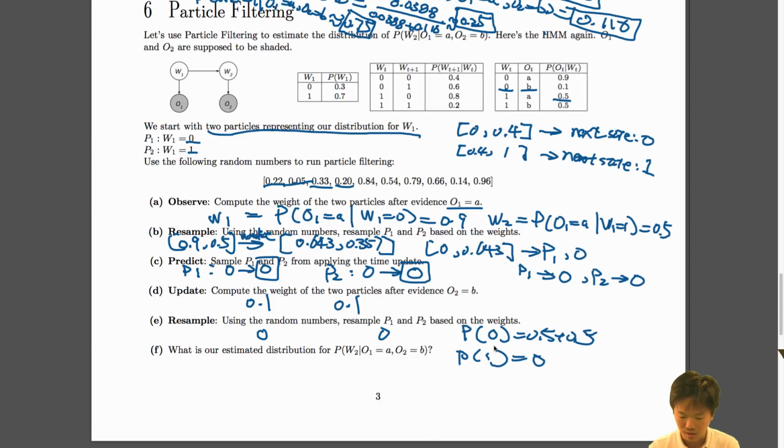That means if you resample the particles, there's no way that any of them land in state 1.